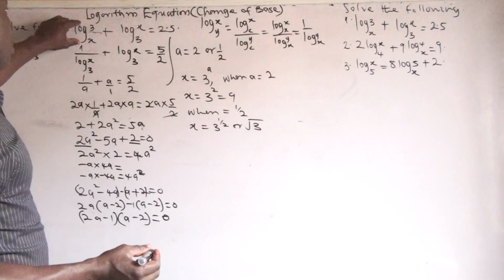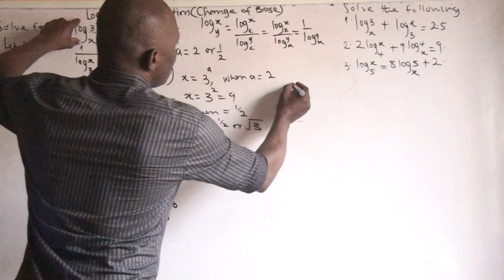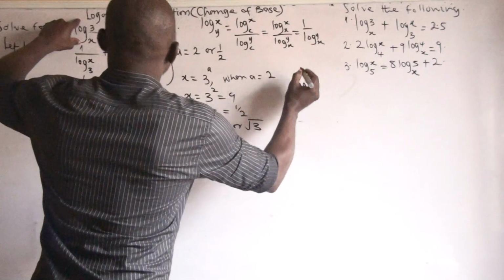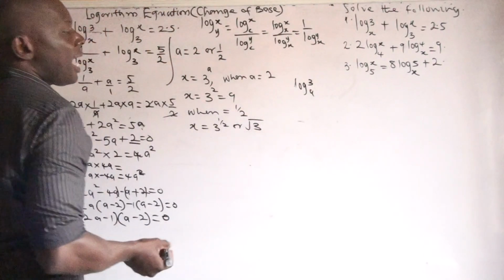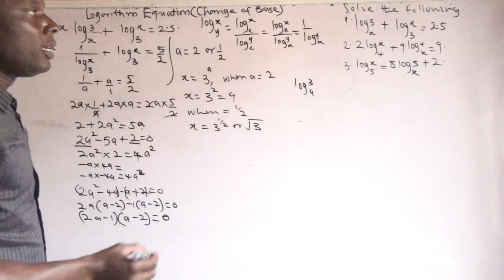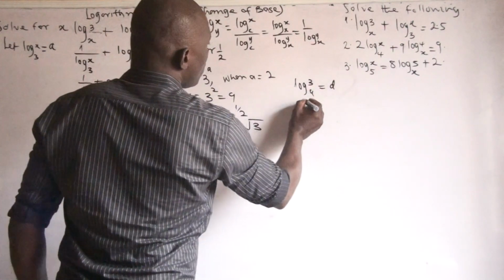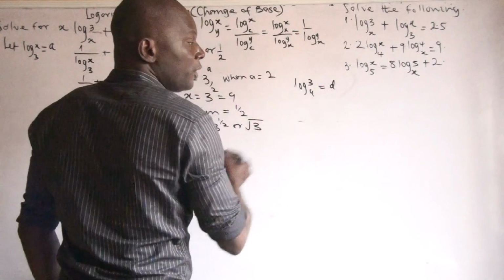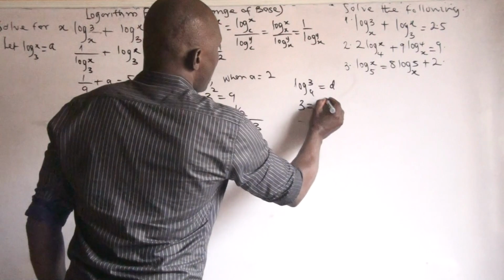Now, in order for us to see that our answer is correct, we can put this in the equation. When x is 9, this becomes log 9 to base 3. If we want to evaluate this logarithm, we let it be d. So from definition, 9 is equal to 3 raised to power d.